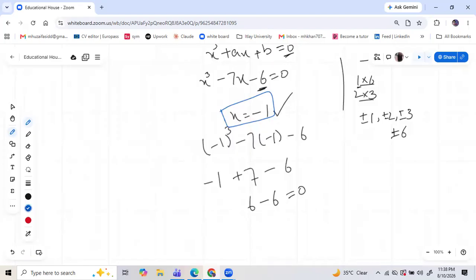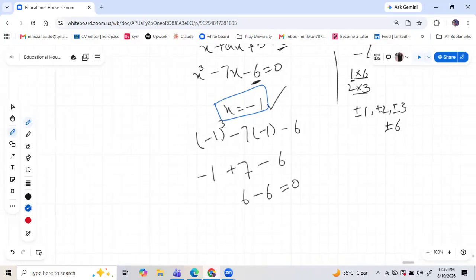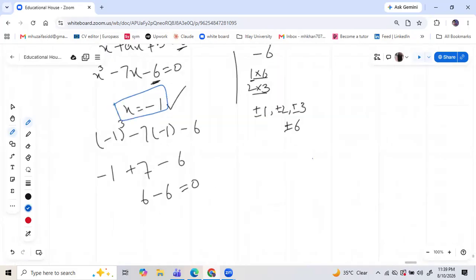That is okay. Now we are moving to finding the other equation using synthetic division, and the rest of the factors we can skip because we found this one is okay.